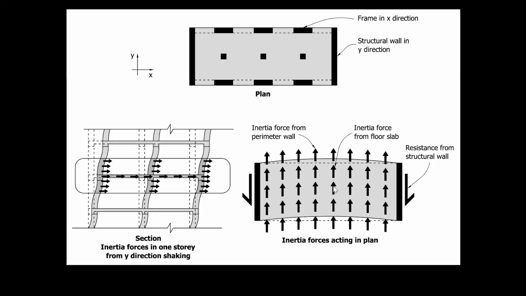And for this particular building, these forces are resisted at each end by the structural walls. And so each floor slab and the roof slab has to act as a horizontal beam, withstanding these horizontal forces and then transferring them sideways down into the vertical structure.